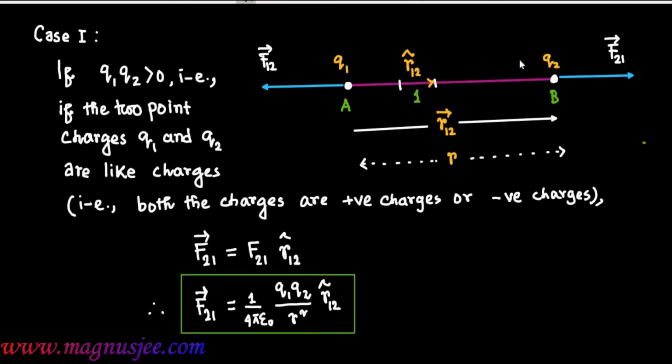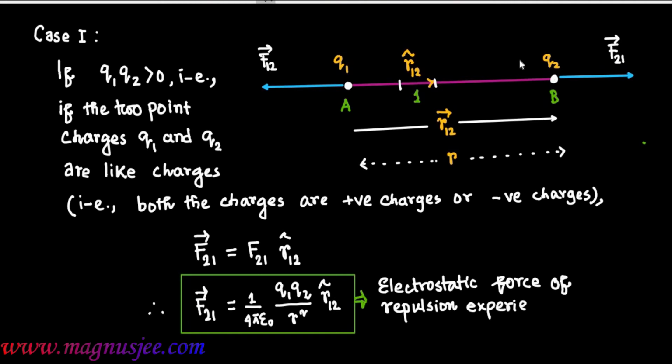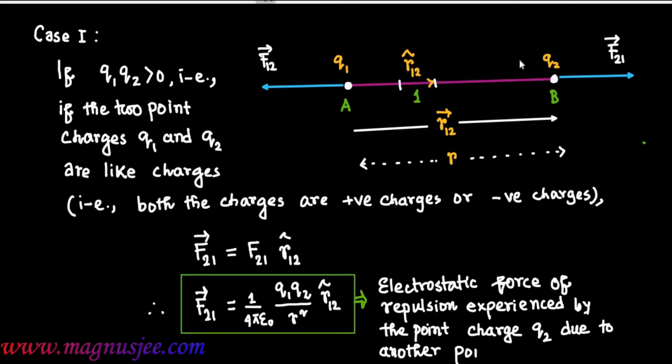This is the electrostatic force of repulsion vector experienced by q2 due to the other point charge q1.